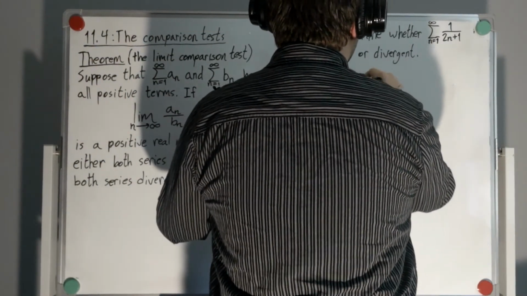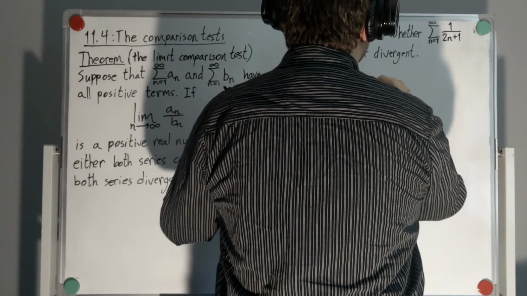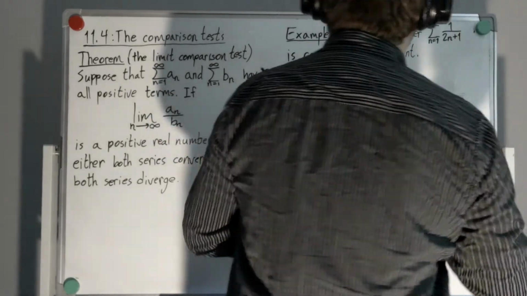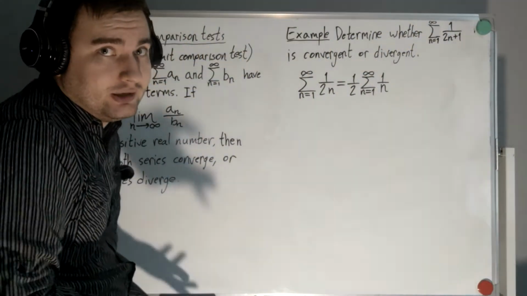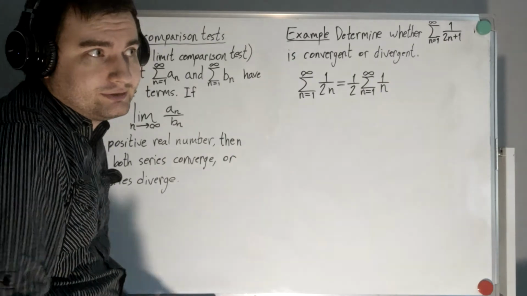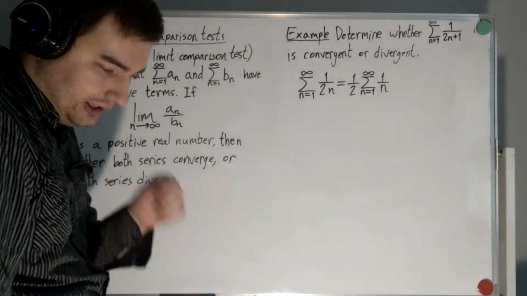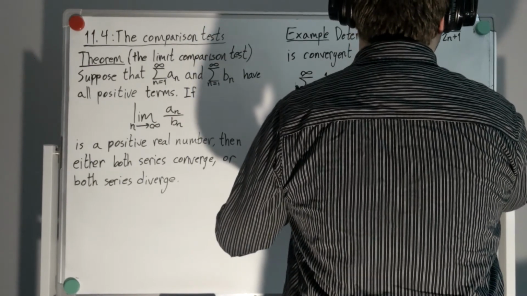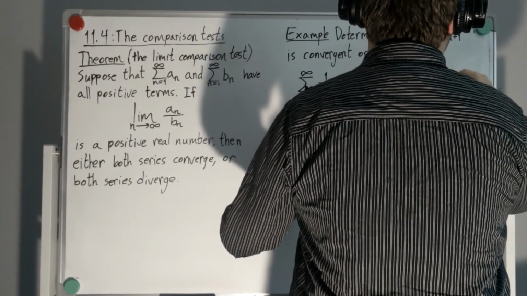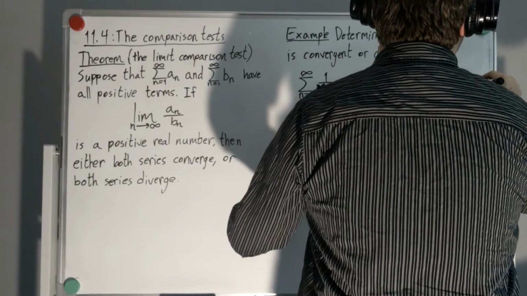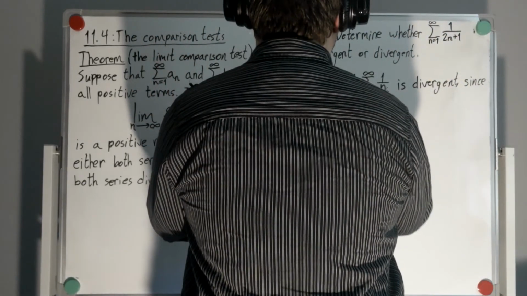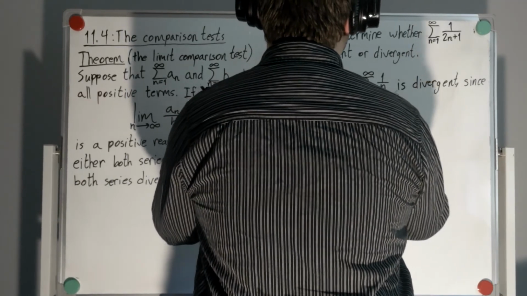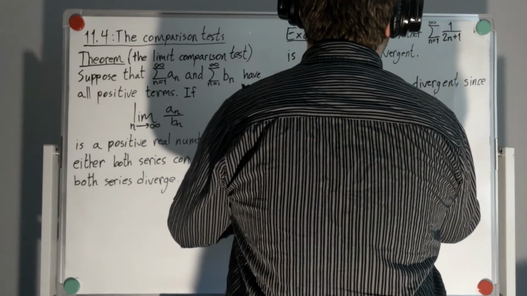This is just 1/2 times the harmonic series. And so that's divergent because the harmonic series is divergent. It's the p-series with p equals 1. So this is divergent since the sum from n equals 1 to infinity of 1 over n is a divergent p-series.